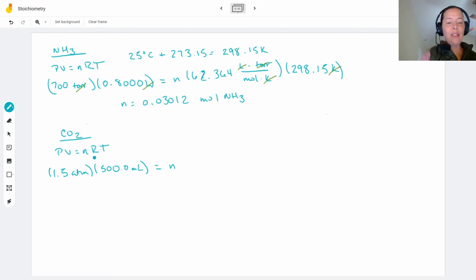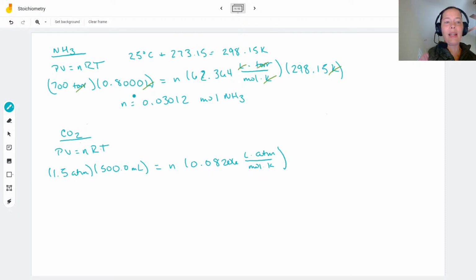I'm still solving for N, so I need an R appropriate for atmospheres and milliliters. I don't have that, but I do have my R for atmospheres and liters: 0.08206 liter atmosphere over mole K.